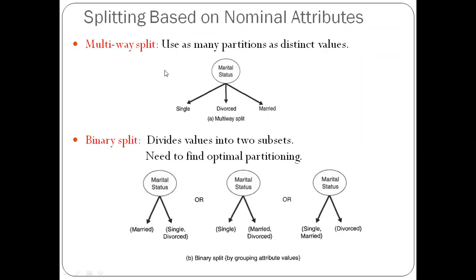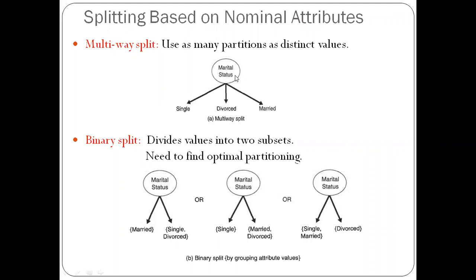The second one is if it is a nominal attribute. Here again we have two possibilities for expressing the outcome. In the first one, the multi-way split, we have multiple partitions for splitting the test attributes.